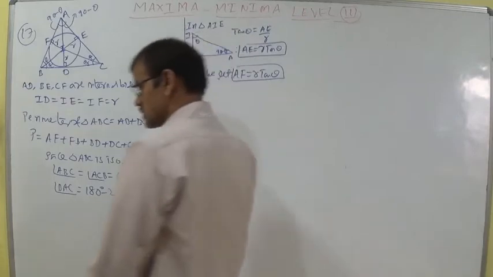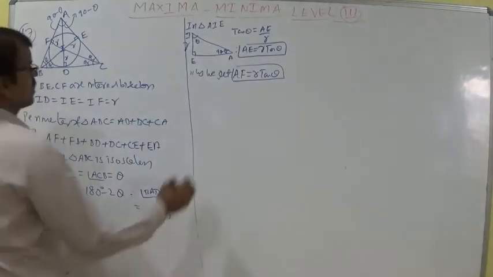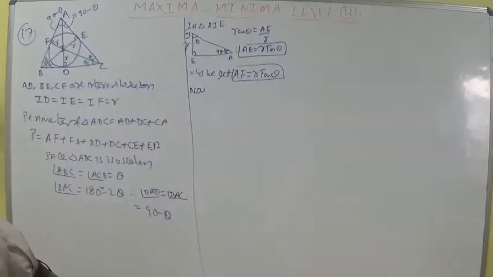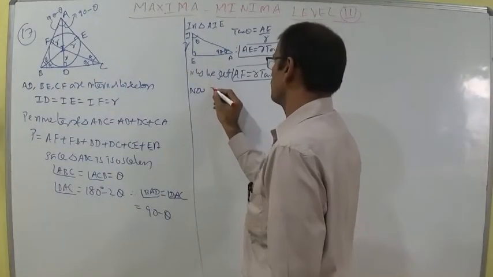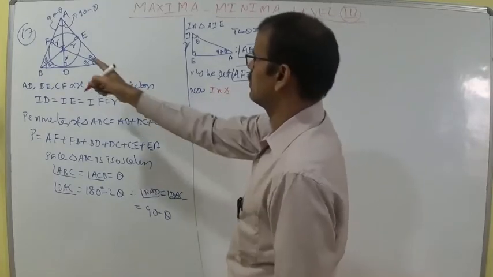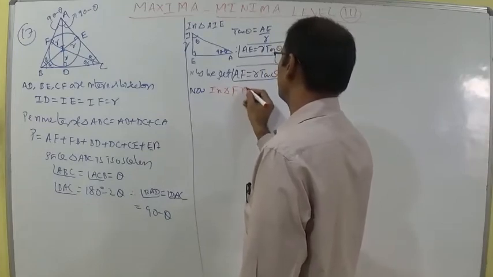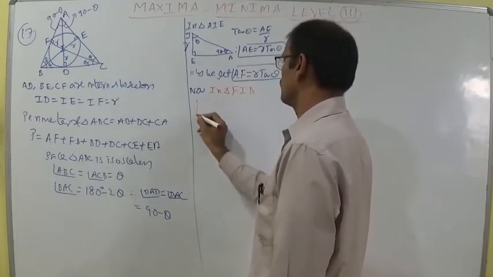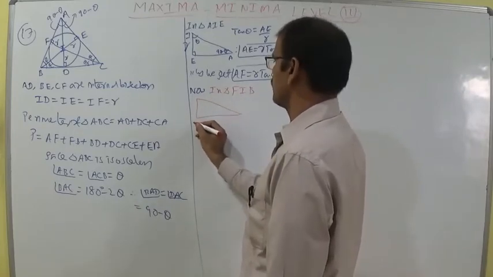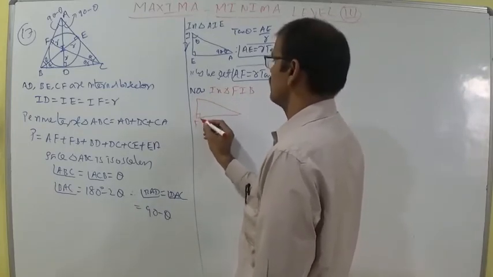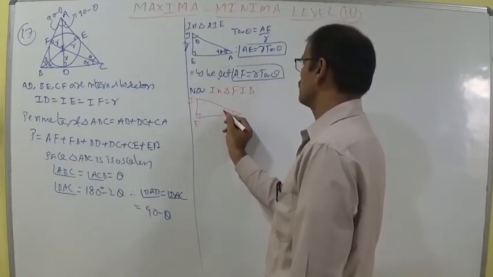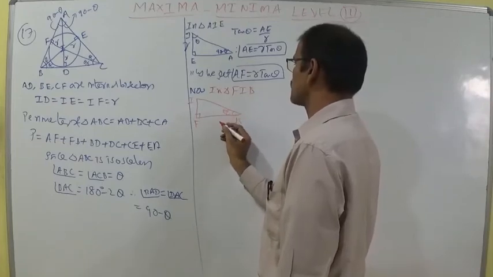Now let us discuss another triangle, triangle FIB. At F it is 90 degrees, this is I and this is B. At B the angle is theta by 2.